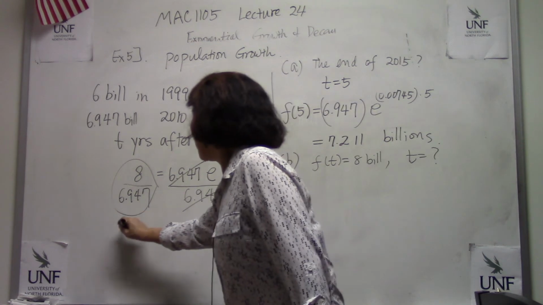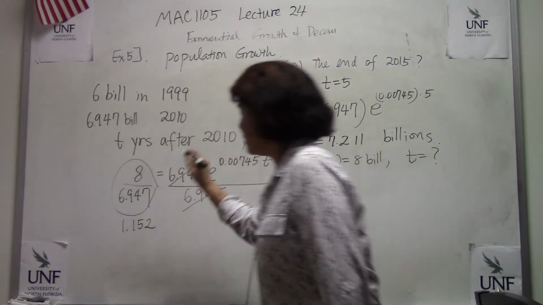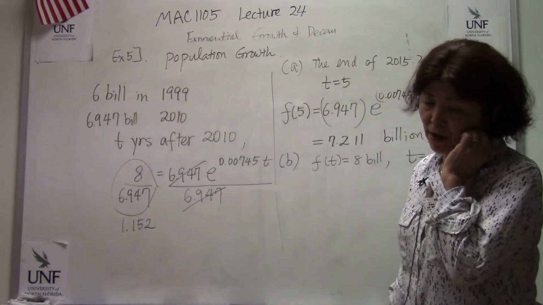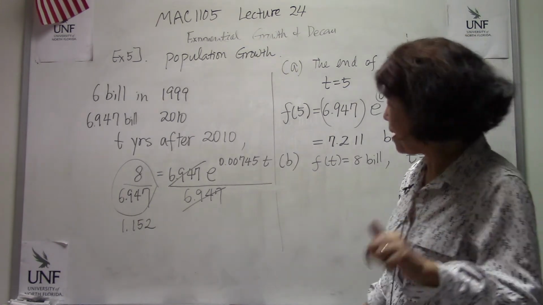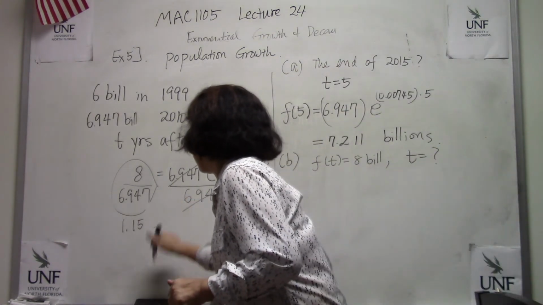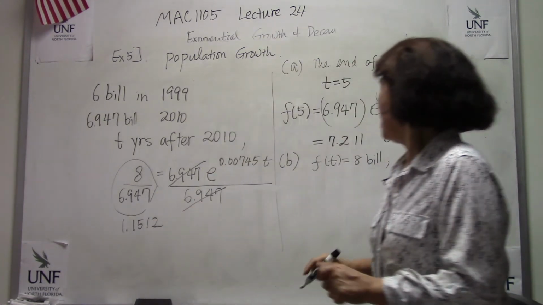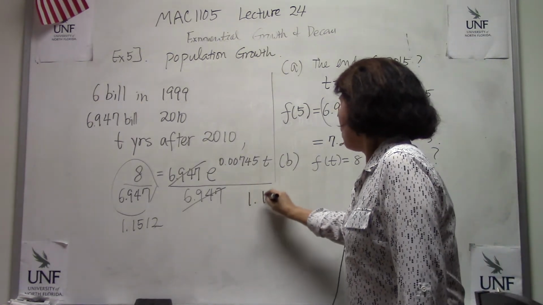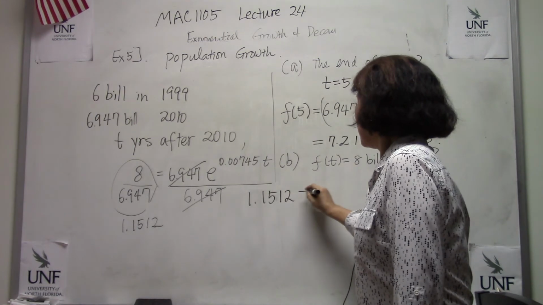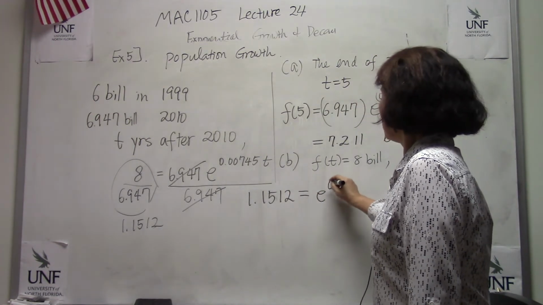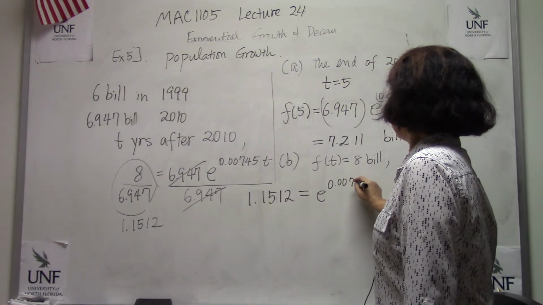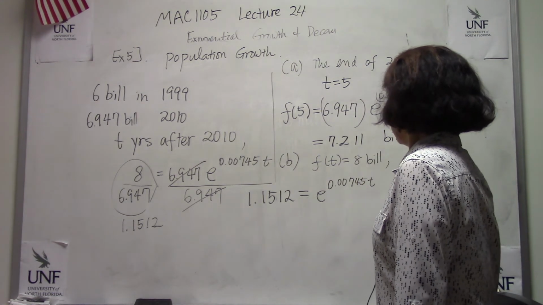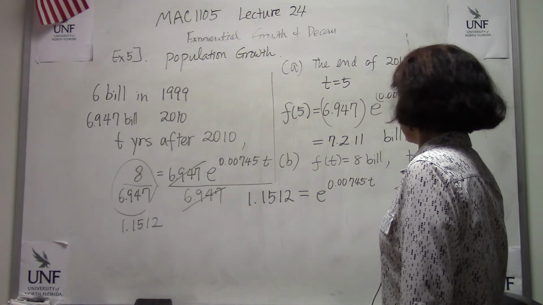It is 1.1512. So now we solve this equation: 1.1512 equals e to the 0.00745 t. We are going to solve this one.